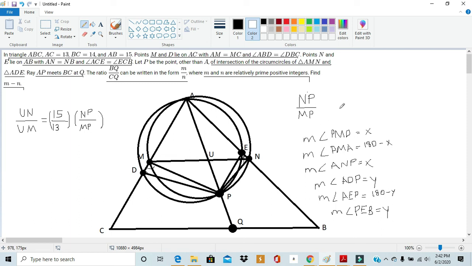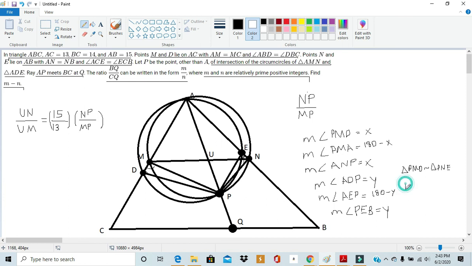So since we got two pairs of equal angles through AA similarity, we can say that triangle PMD is similar to triangle PNE. Now, how are we going to use this to compute NP over MP? Well, since NP and MP are corresponding sides of their respective triangles, the ratio between NP and MP is going to be the same as the ratio between any corresponding sides on these two triangles.